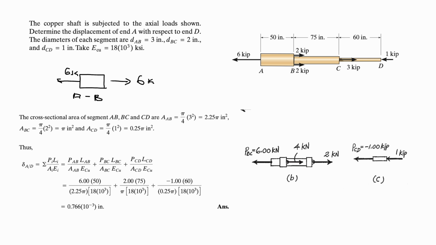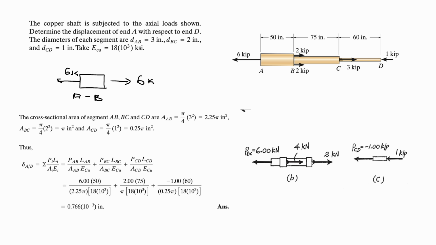So the elongation here will be, since we have different cross-sectional areas, the sum of all forces times length over area times modulus of elasticity. In the segment AB, we have a force of 6 kips times length, which is 50 inch. We divide that by the area A_AB times modulus of elasticity. Then we have segment BC. For segment BC, we have the 6 kips force. Then we have 2 times 2 kips, which will give us 4 kips here.